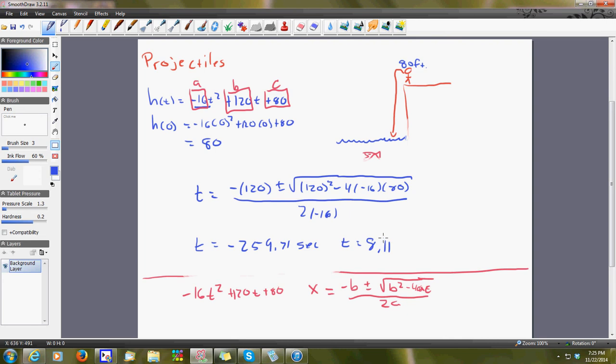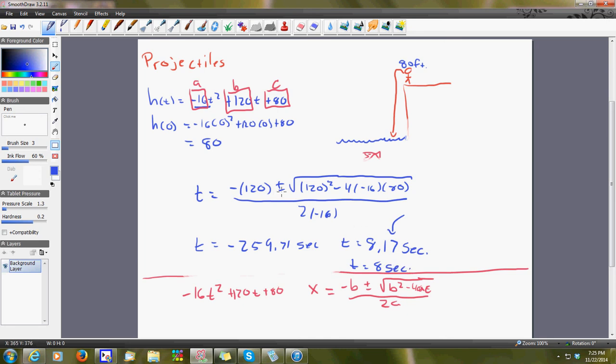We'll round that to 8.17 seconds. And that's when the bottle is going to hit the water, after 8.17 seconds. If it's asking you for an exact value, leave it in radical form. If it's looking for an estimate, they might say to the nearest second, in which case I'd say t equals 8 seconds. Then you can find the exact value.